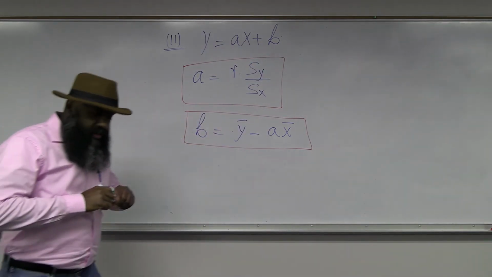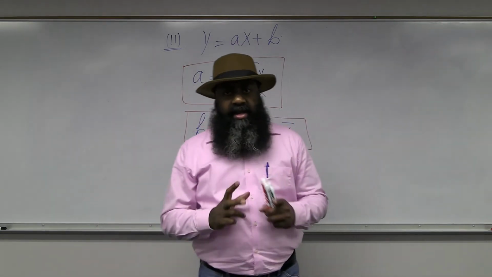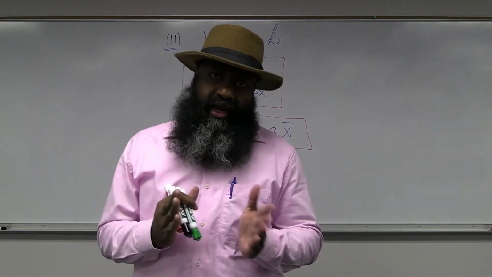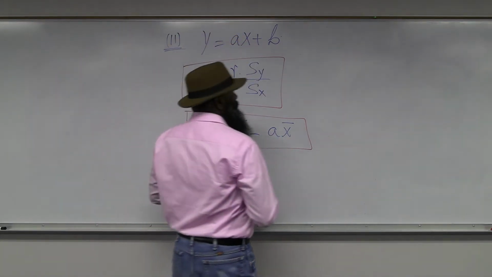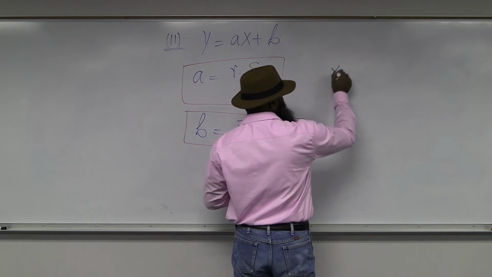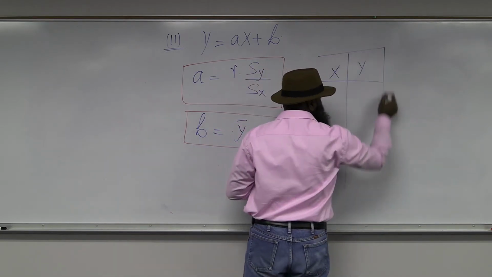But when you write down the equation between two variables, you have to pay special attention to the way you write it. Here's the reason. If you look at your data set, you will have x data points and y data points.